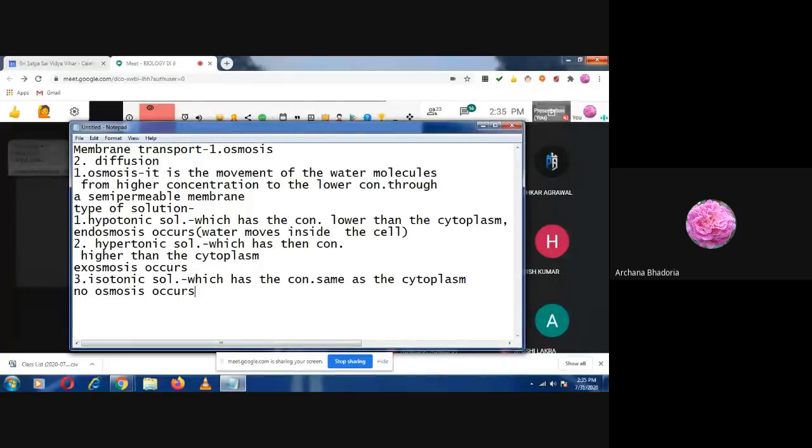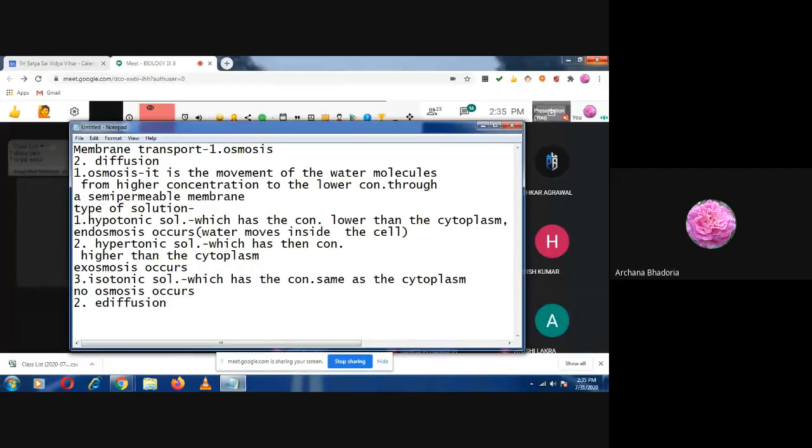So the plasma membrane is semi-permeable. तो याद रखना है, water का movement will occur through which process? Osmosis. Okay. Now other solute movement will occur through which process? Diffusion. Okay, it will occur through diffusion.